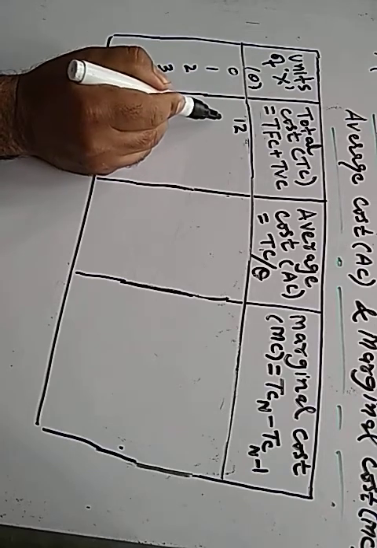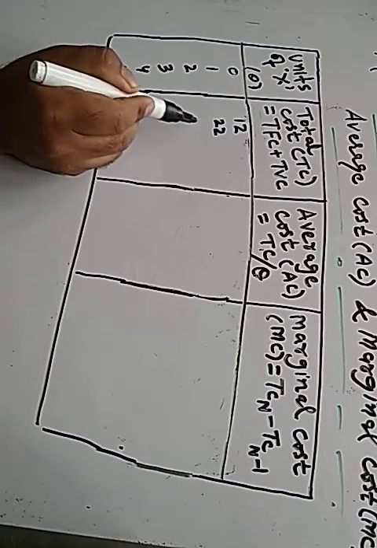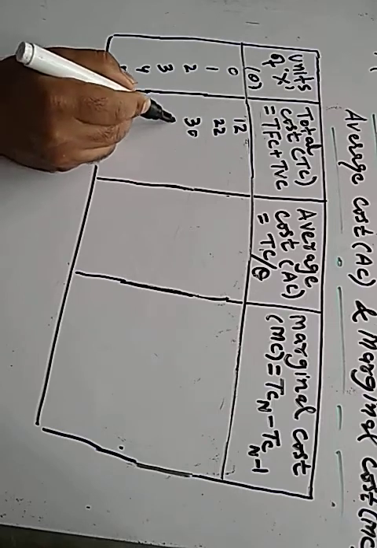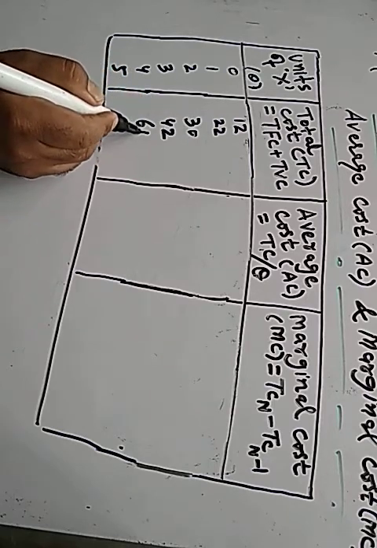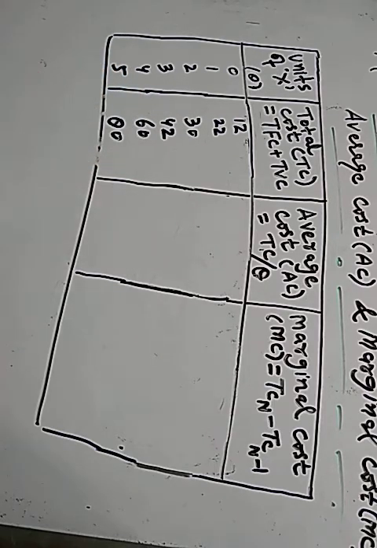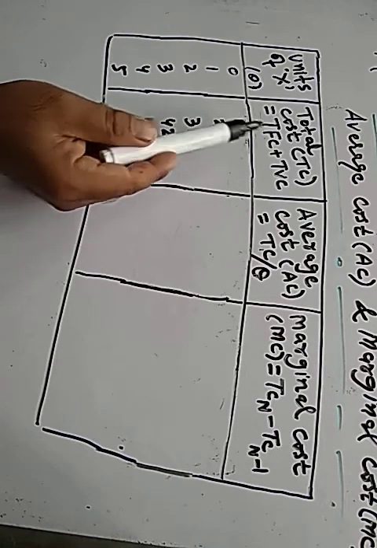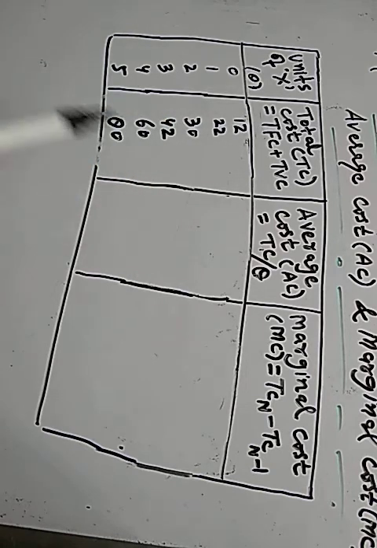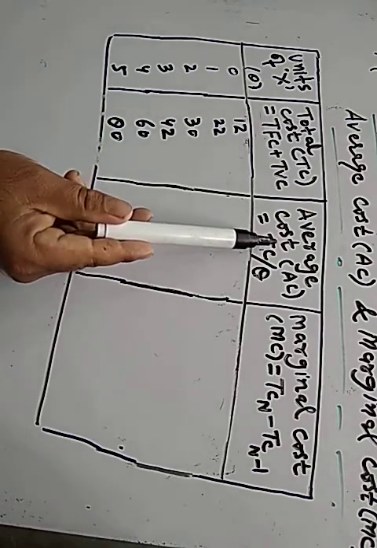Suppose these values are 12, 22, 30, 42, 60 and 80. Since different units of commodity X are given and total cost is also given, we can calculate from these values average cost and marginal cost.